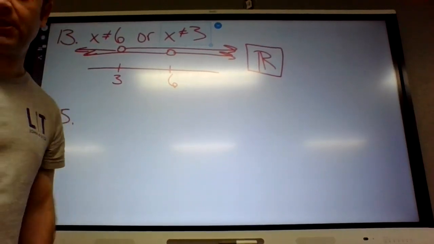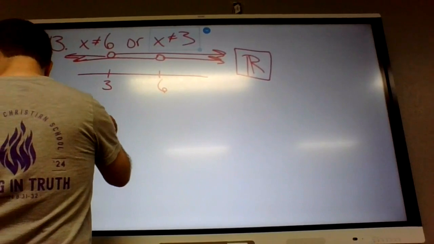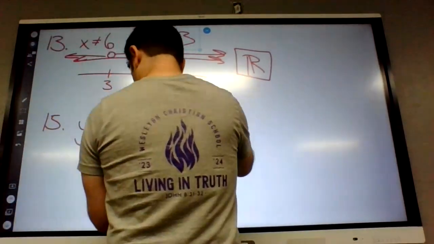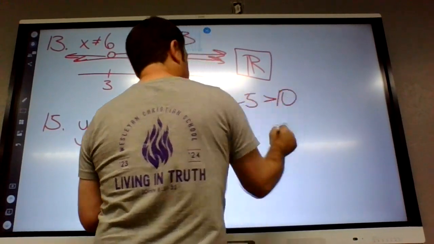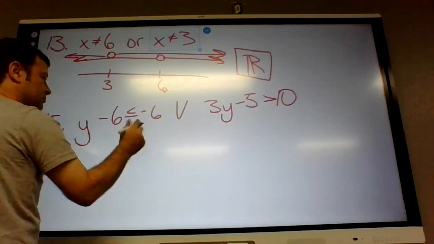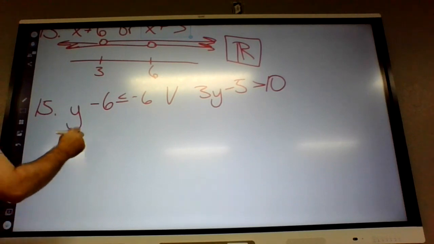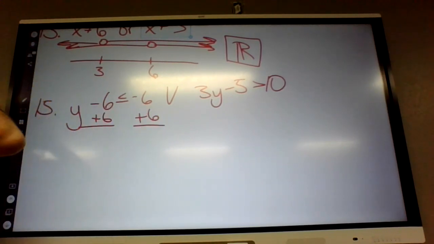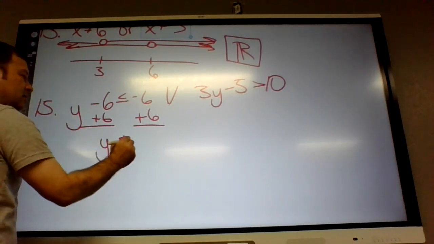15. That's kind of easy. Takes me a long time to write it down. Do show your work, as always. All right, Owen, what do we need to do? We can add 6 on both sides of the left inequality, and then the left side will be simplified.